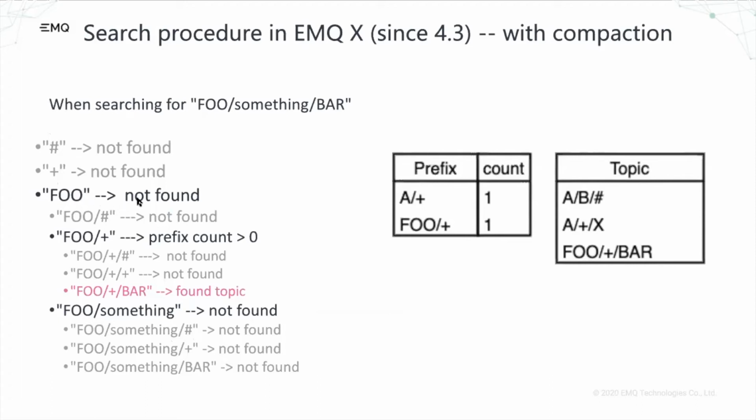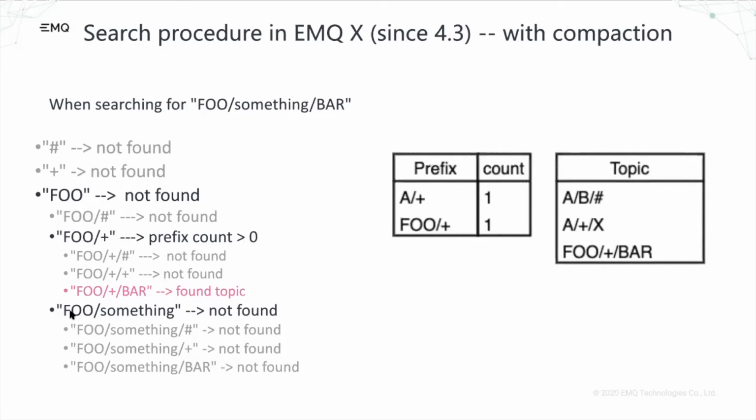The next level would be using hash or plus to replace the something level. Nothing to be found, and then it tries to find foo plus bar. For foo plus there is such a prefix, and then it goes to the next level with plus replacing something, and then we can look it up again to find out there's a topic.